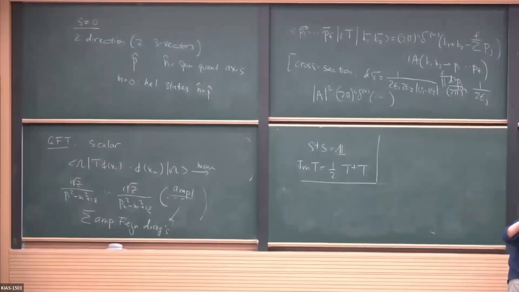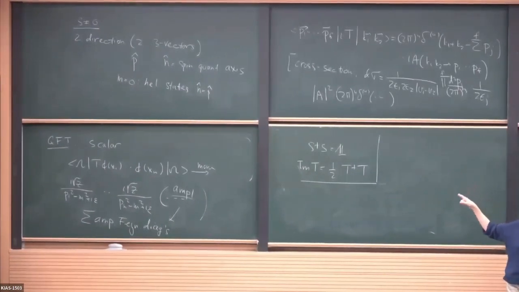The spin can be either up or down. But what I mean is that I'm asking the question, how many directions do I need in order to describe the particle? Okay, so it's the axis.